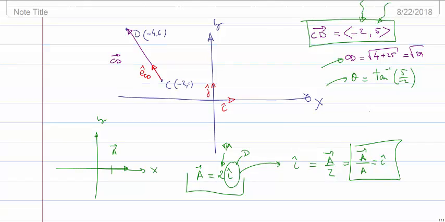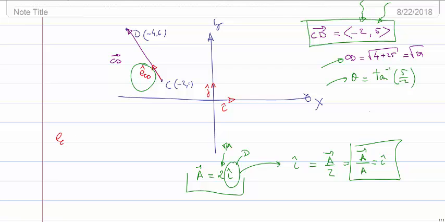So, if we want to calculate e_CD, and we know that any unit vector can be calculated by taking a vector divided by its own magnitude, then we can write that e_CD, the unit vector of position vector CD, is equal to the vector CD divided by its own magnitude.